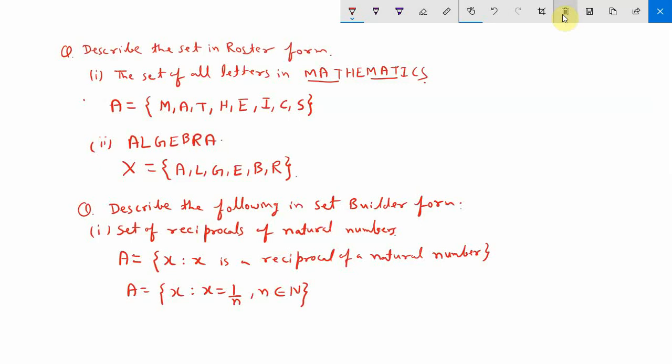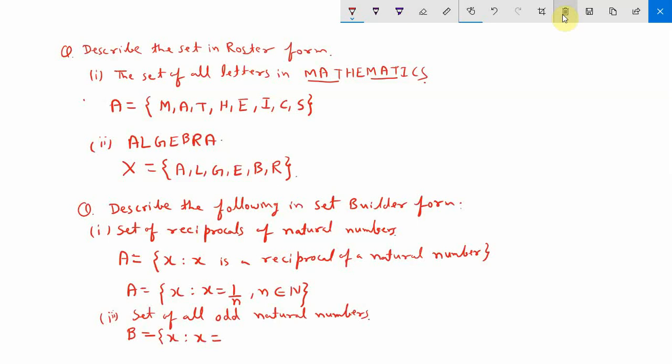Next problem, second problem we will see. The set of all odd natural numbers. Set of all odd natural numbers. So if we take b, if b is the set of all odd natural numbers, this can be written as x such that x equals, see, odd natural number.